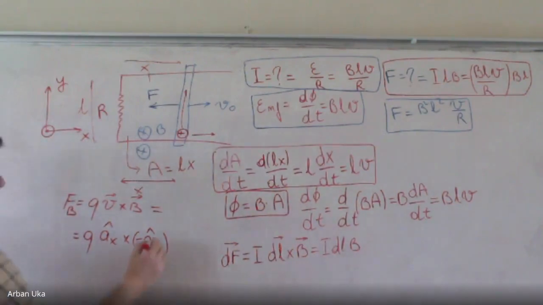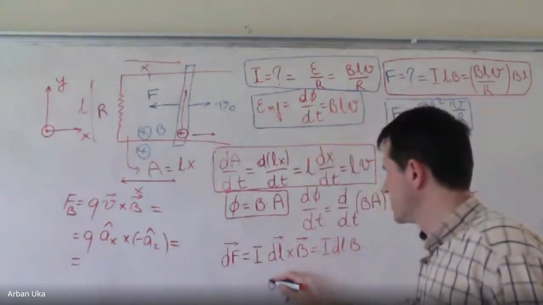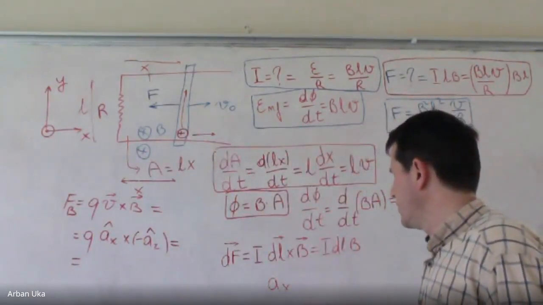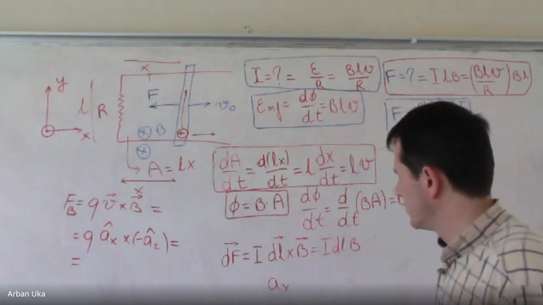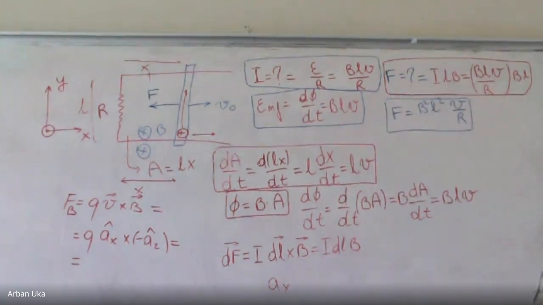So here we have ax cross az. Let's see what we get: ax, ay, az. If we move clockwise, we get plus each time.